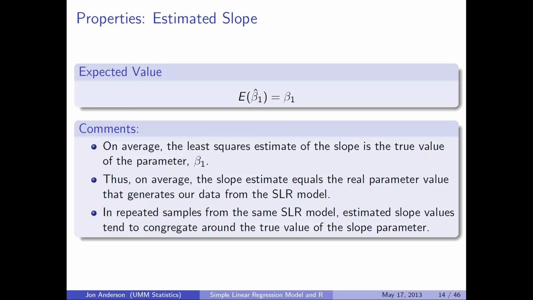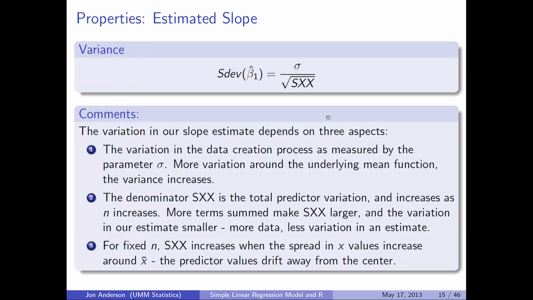That's a really important feature. It means that on average, our data estimates are around the right thing. Sometimes a data estimated slope will be a little bit too big, or maybe a little bit too small in one sample or another, but across samples, on average, we get the right thing. That's what this overhead says.